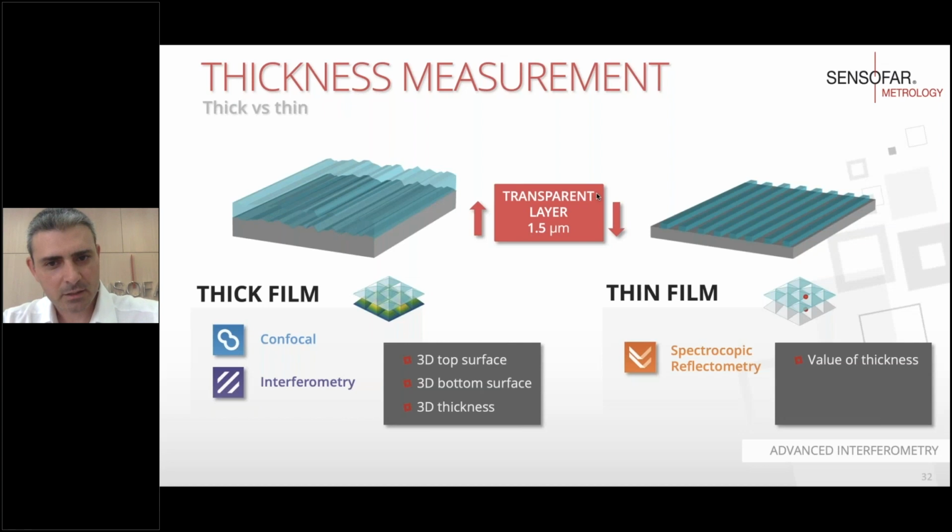We need to discriminate between two kinds of transparent layers: the ones we call thick and the ones we call thin. This is not fully agreed. Depending on who you talk to, they will tell you that for them that is thick, for them that is thin.